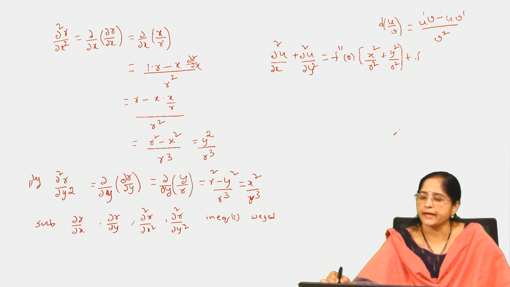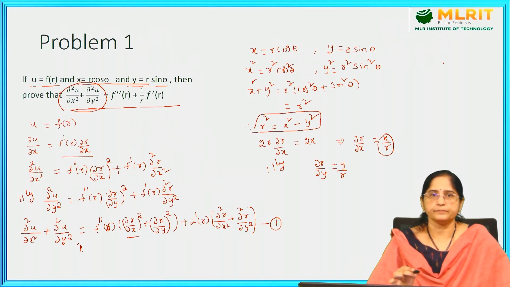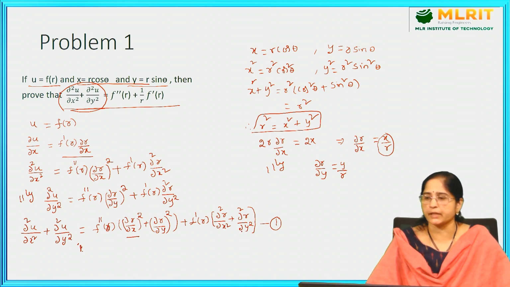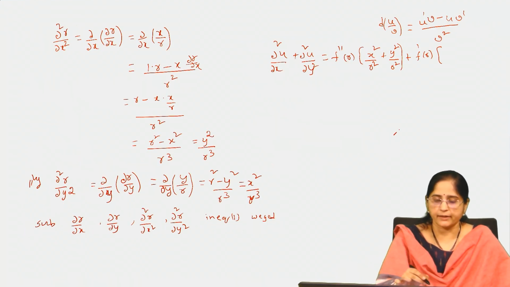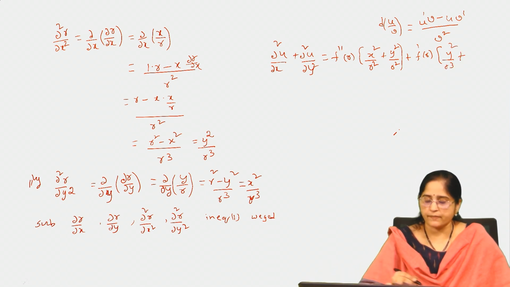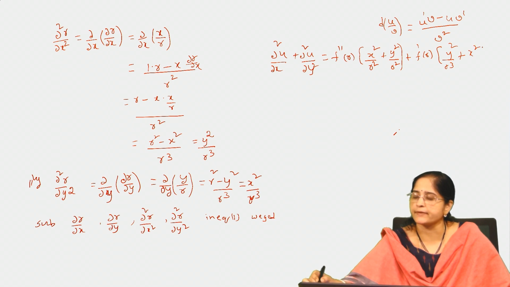Plus f dash of r into dou square r by dou x square plus dou square r by dou y square. So, in place of dou square r by dou x square and dou square r by dou y square, substitute the values. Dou square r by dou x square is y square by r cube plus dou square r by dou y square is x square by r cube.